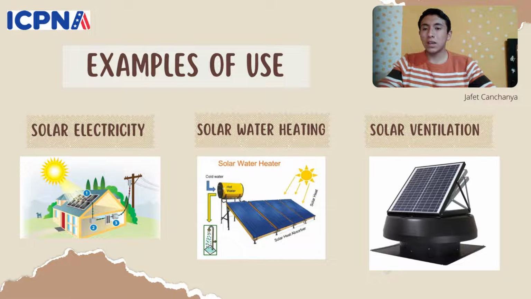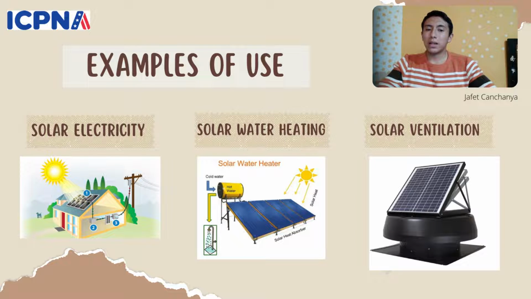What are the examples of use of solar energy? Solar energy is commonly used for solar electricity, solar water heating, and solar ventilation. Let me add that the heat from solar pumps enables the production of chemicals, food, textiles, warm greenhouses, swimming pools, and livestock buildings.